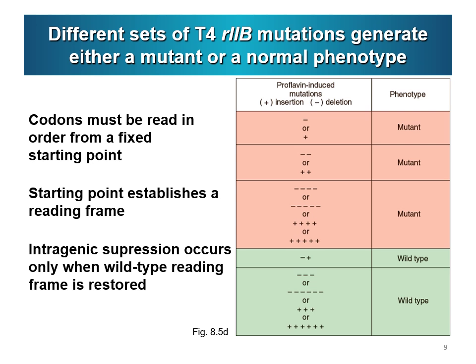The conclusion was that codons must be read in order, and very importantly, they have to start from a certain start point, not just randomly from anywhere. Nowadays the start point is called the origin of the reading frame, and also the intragenic suppression occurs only when the wild-type reading frame is restored.